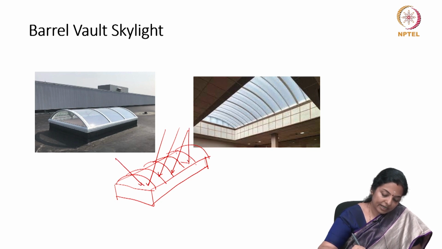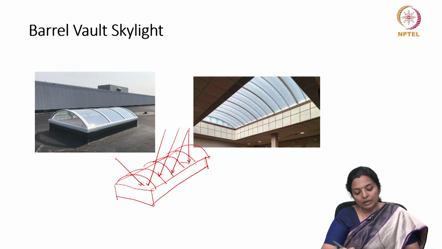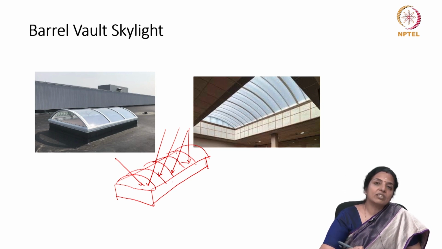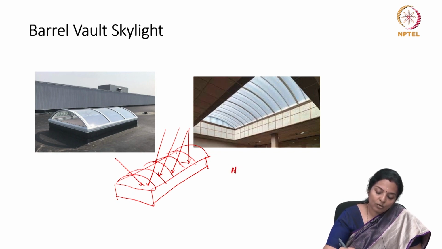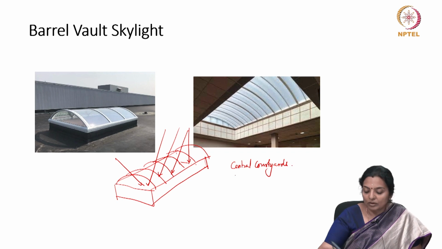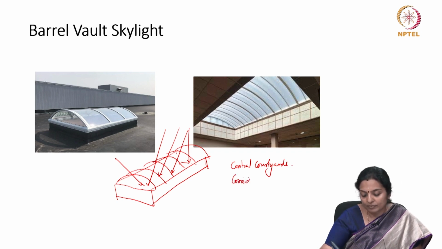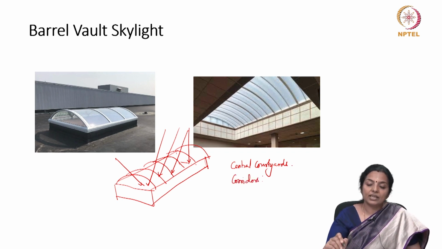If it's on the roof of a residential building, then privacy is a concern. But in public places, you can use this in atriums, or I would say courts, central courtyards, or corridors, etc.